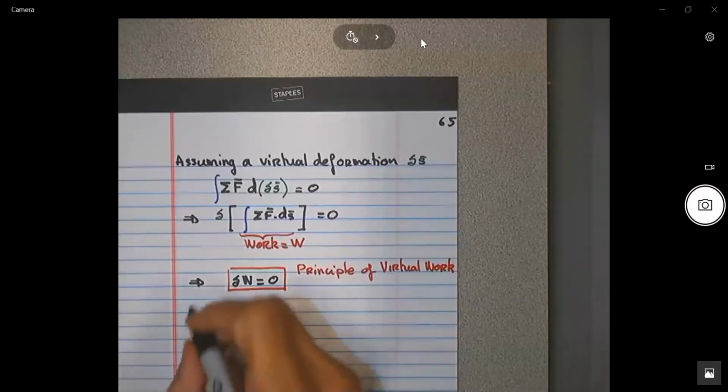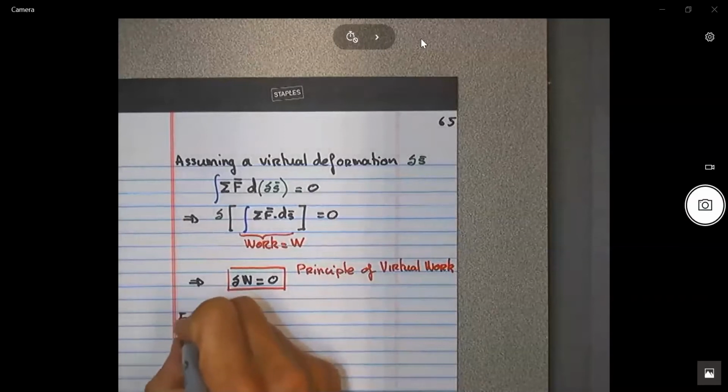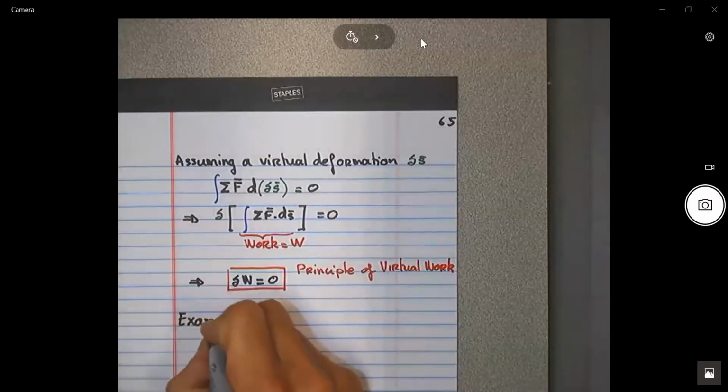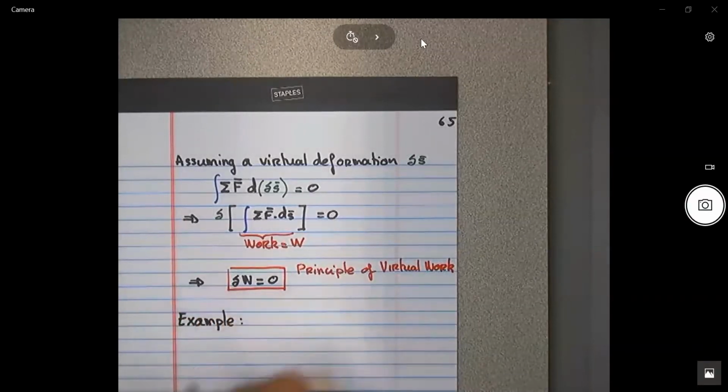All right, so example. The principle of virtual work, like I mentioned the other day, is a very powerful tool, but like powerful tools, it will sometimes make easy problems more complicated, but it will make difficult problems a lot easier.